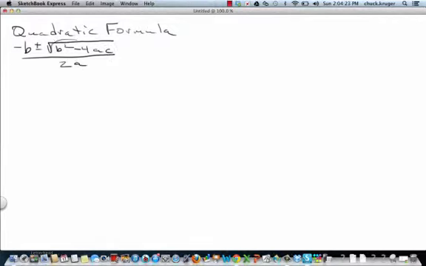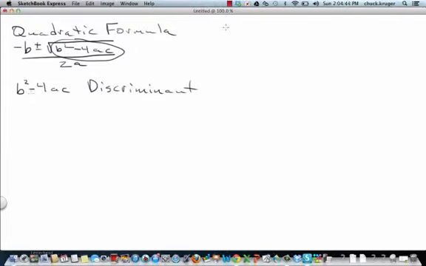The part I want to look at is the thing inside the radical, this b squared minus 4ac. It is called the discriminant, and when it's equal to certain values, it tells us something about the quadratic equation.